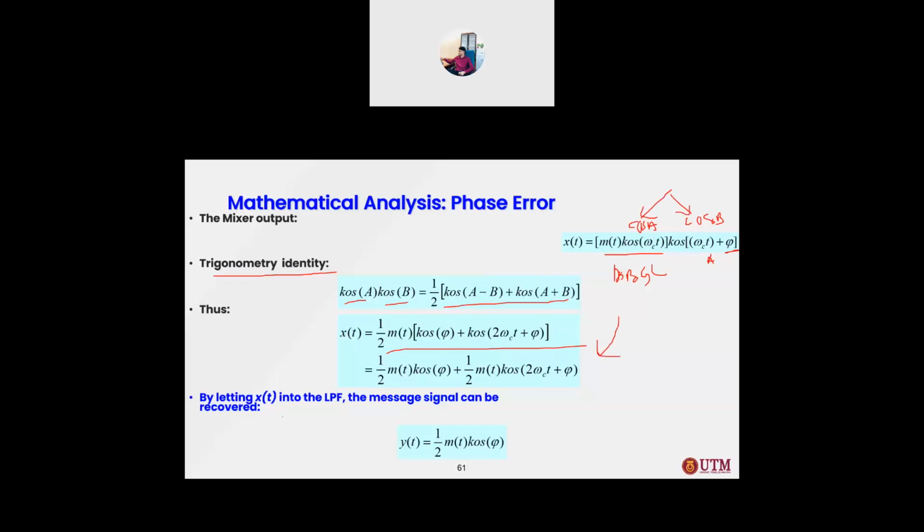By letting the x(t) signal into the low pass filter, the message signal can be recovered. When it goes into the low pass filter, the higher frequency is removed. Where is the higher frequency? Is it A or B? Which component has the higher frequency?